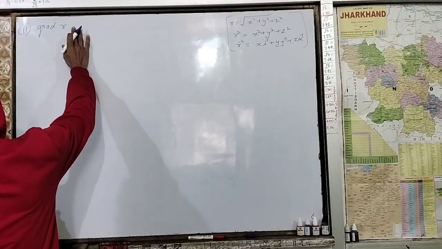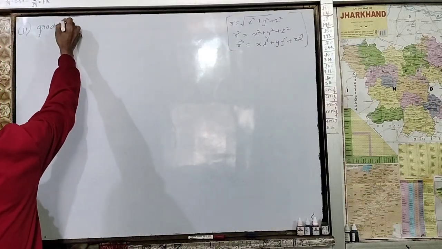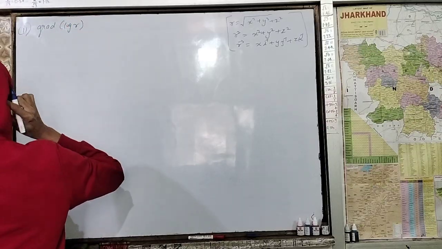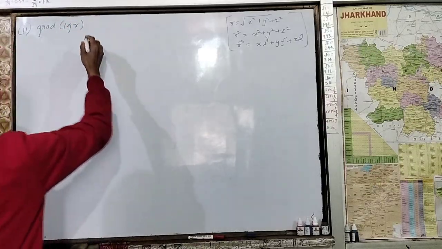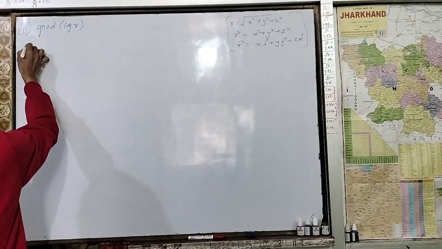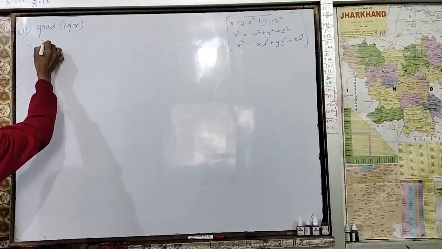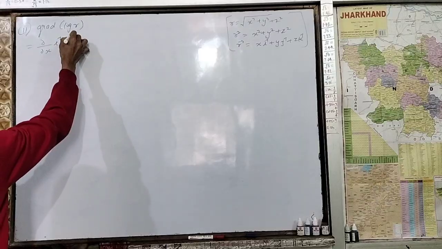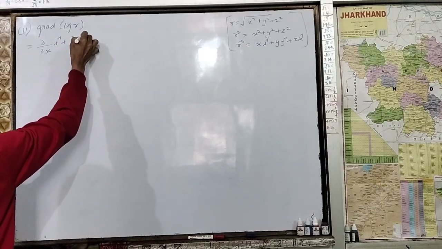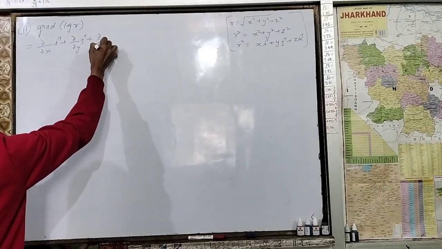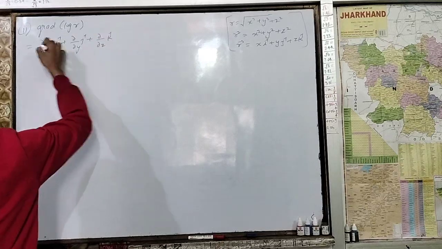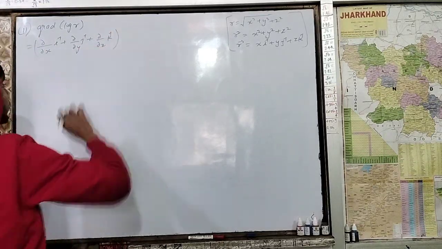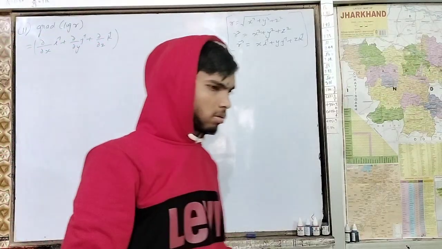It is saying you have to find grad of log r. You know that this will be equal to d upon dx i cap plus d upon dy j cap plus d upon dz k cap, whenever grad is coming.